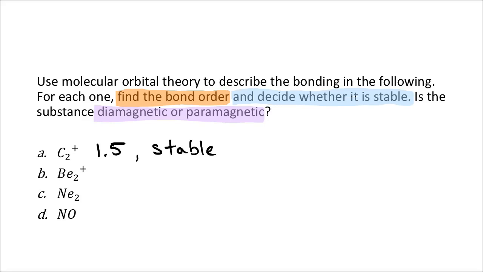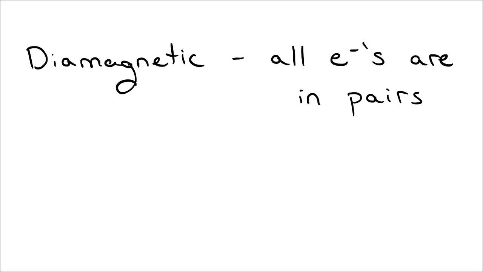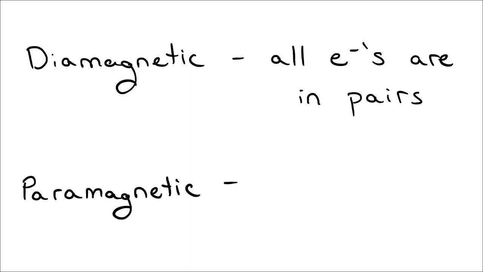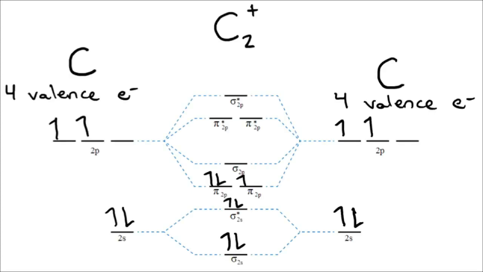Finally, we need to find out whether the molecule is diamagnetic or paramagnetic. If a molecule is diamagnetic, it means that all of its electrons are in pairs. A molecule is paramagnetic if at least 1 electron is unpaired. So let's look back at our molecular orbital diagram. You can see that that bottom orbital has paired electrons.